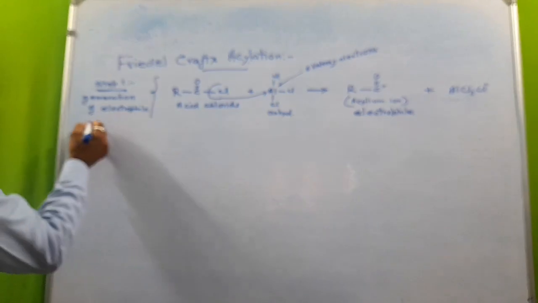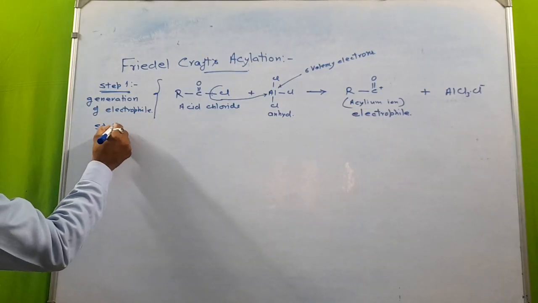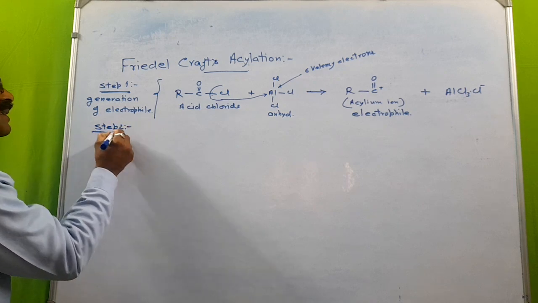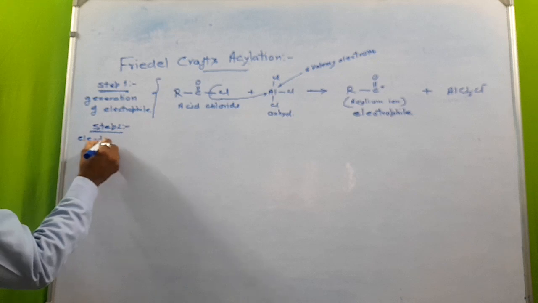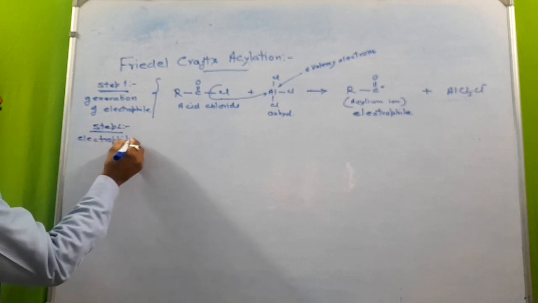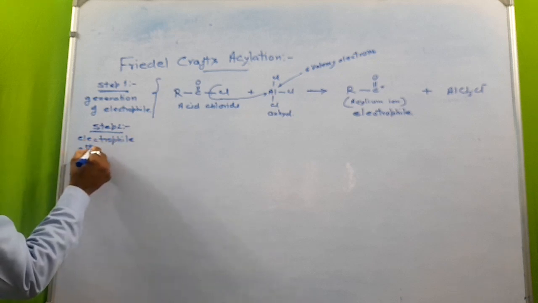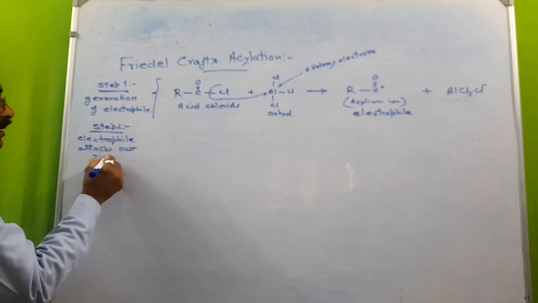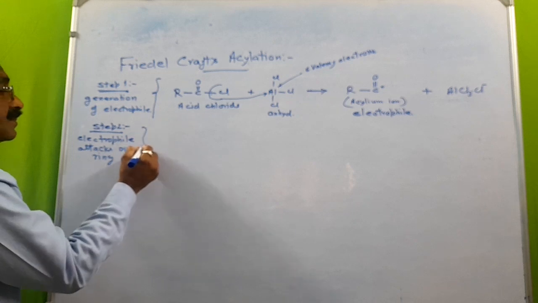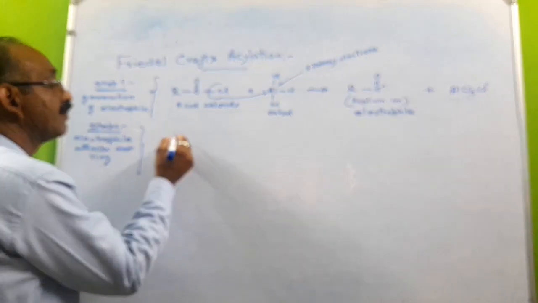Now in the second step, this electrophile which is obtained in the first step attacks over the ring. See what happens here.